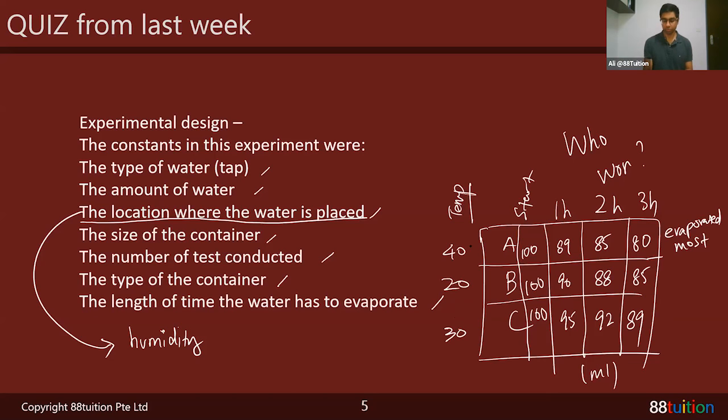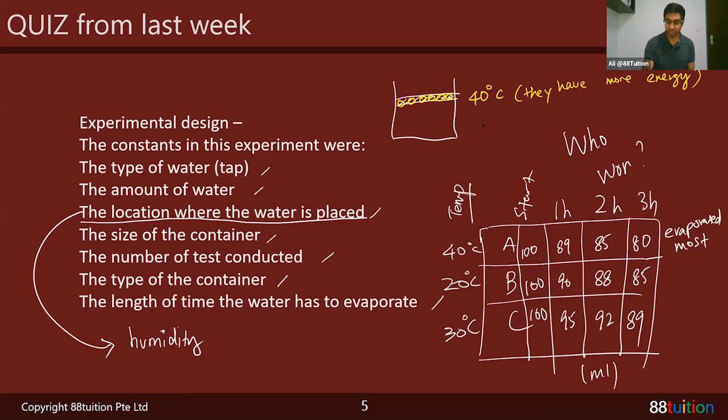What does it show? That the temperature of water actually affects evaporation, because remember, evaporation occurs based on this part. And the particles are over here, waiting to go up. So when it is at 40 degrees, they have more energy than the one at 20 degrees.